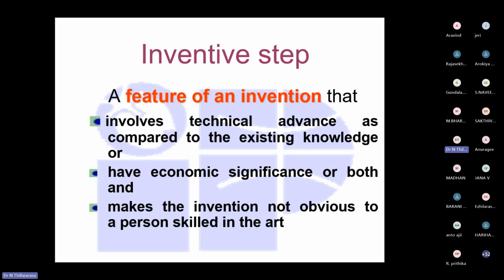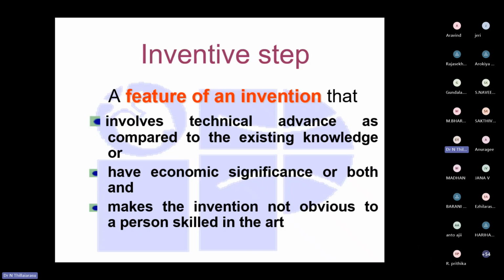This is very important: whether you have done some innovation, invention or new finding, whether it is economically significant, whether it will reach the poorest of the poor of the nation or not. That is very important. If there is both advancement and economic significance, then it is patentable. Make sure the invention is not obvious to a person skilled in that art.